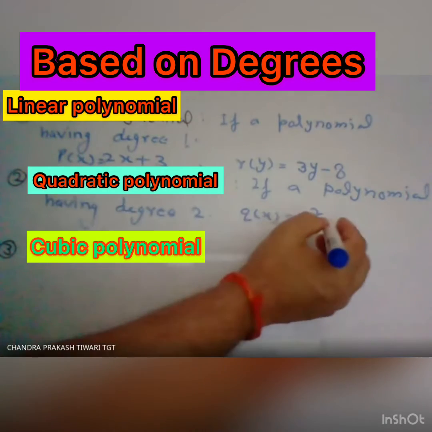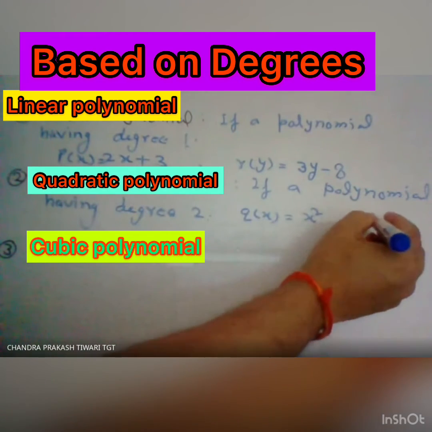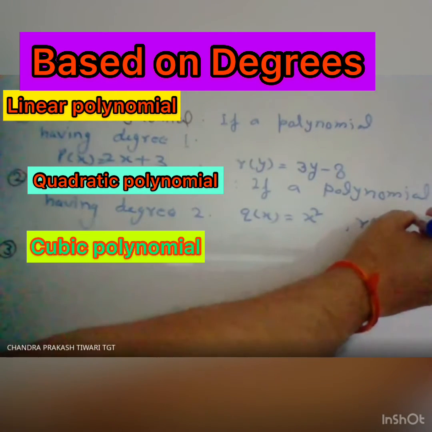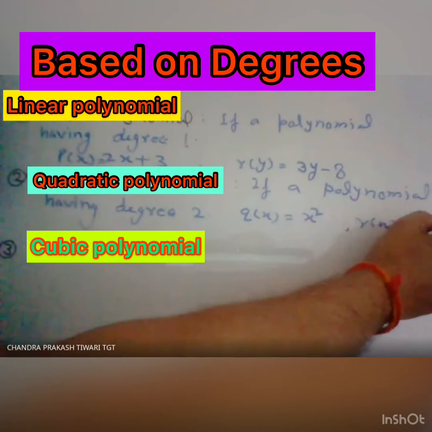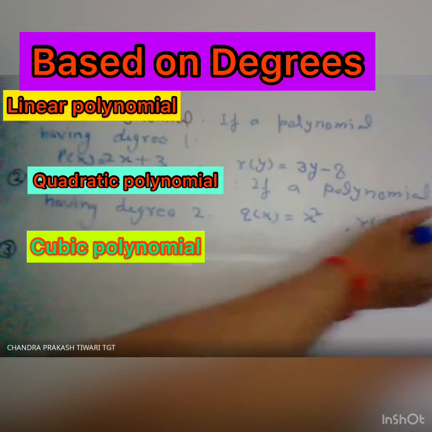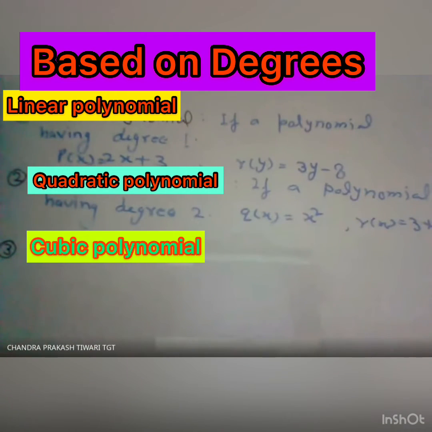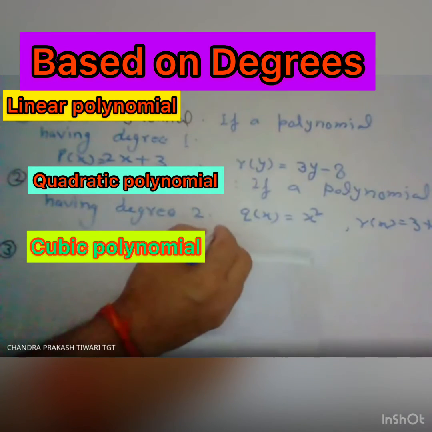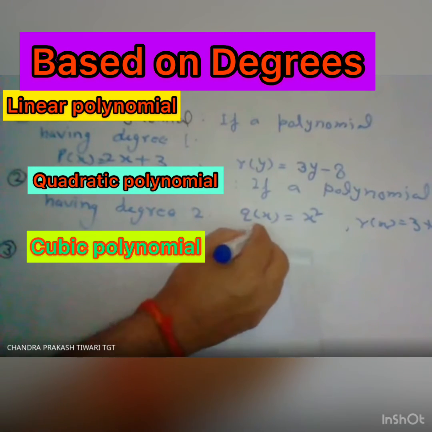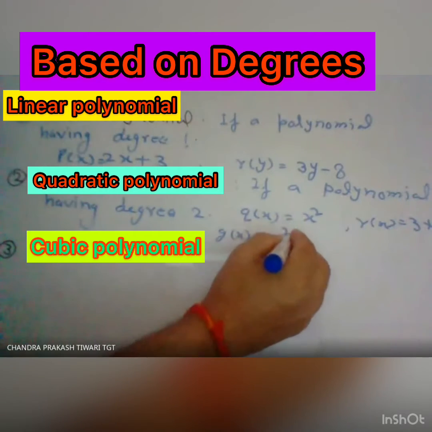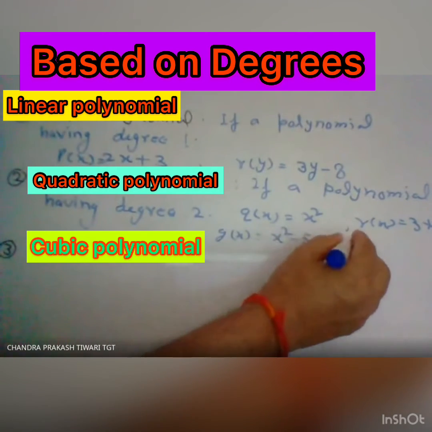Second example, let rx equal to 3 plus 2x square. This is also a quadratic polynomial because the highest degree of the variable is 2. So 100% this is a quadratic polynomial. And let's take one more, gx equal to x square minus 5x plus 6.